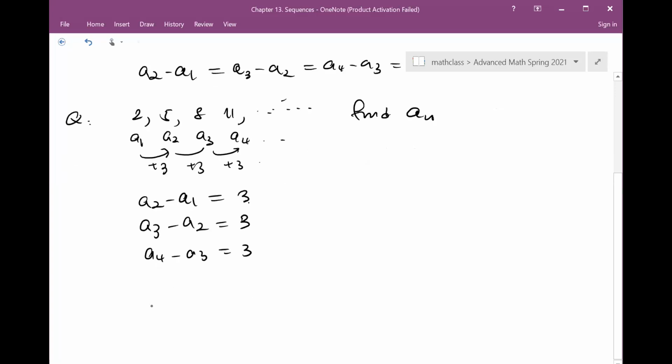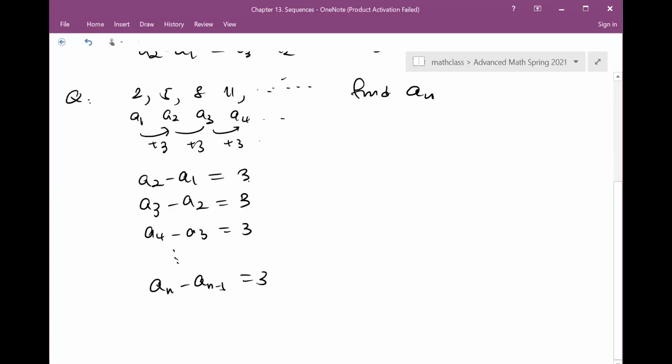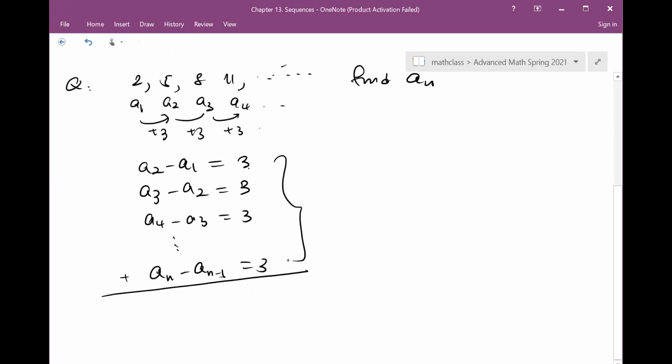And so the nth term minus the term before that, An minus A(n-1), equals 3. So you have this long list. But can I get the general term, the nth term? The trick is very simple. Just add all the terms together, all the terms on the left side, all the terms on the right hand side. How many of them are here?